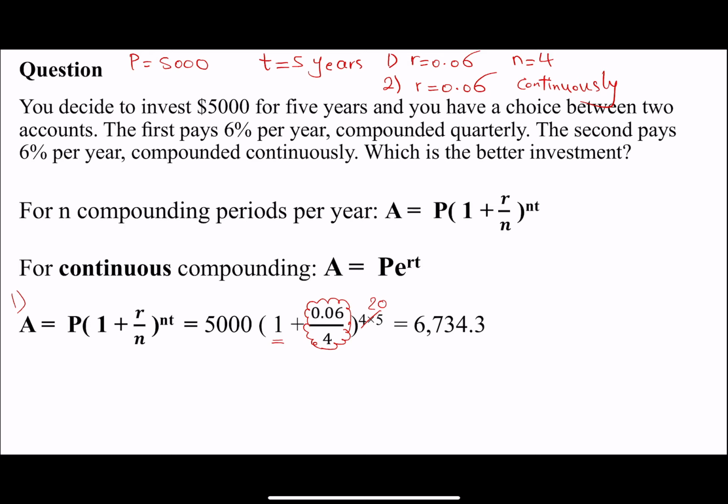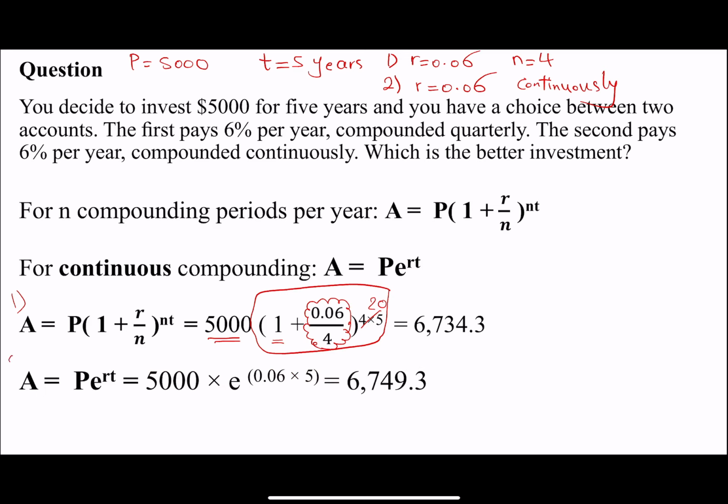So for example, here, 0.06 divided by 4, when I add it to 1, I have 1.015, to the power of 20. Whatever the result is, I multiply that by 5,000. So I get something around 6,734.3 or 0.27. Doesn't matter.